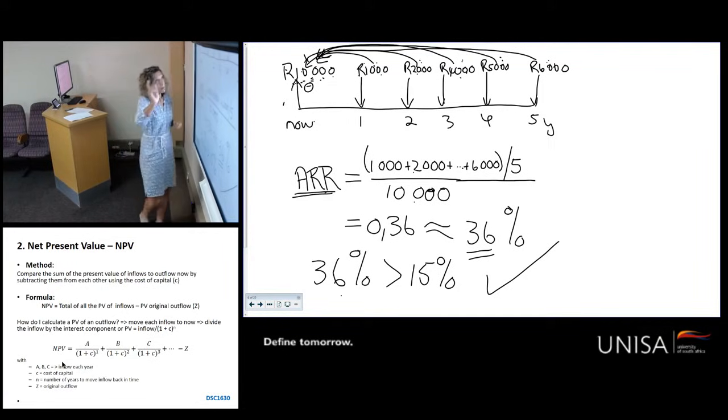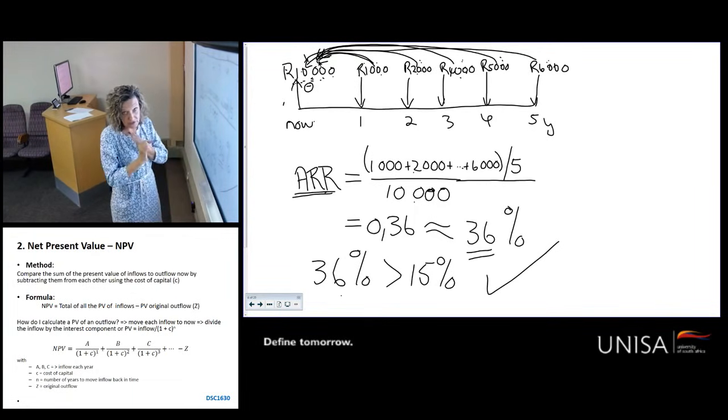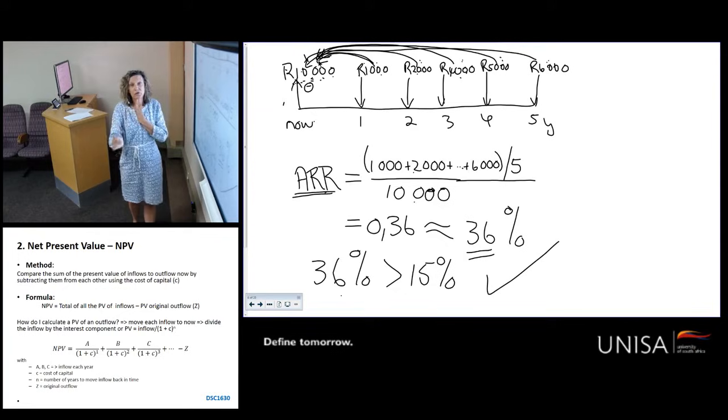Just something quickly before we look at the presentation. How do I move something back in time? I divide by the interest component. Can you remember? To get a present value, you take your future value and you divide by the interest component. Now the same we do here, and we use compound interest, or in this specific case, if the cost of capital is known to us, we use the cost of capital.